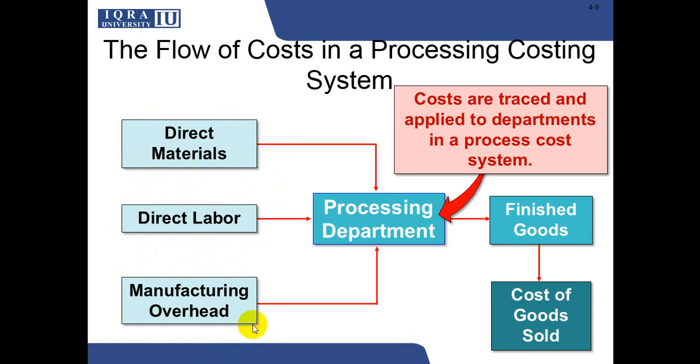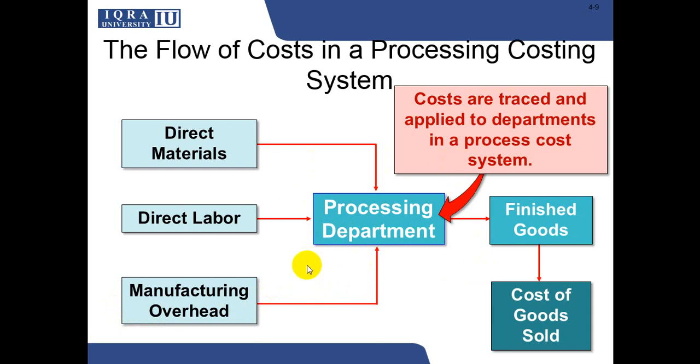Manufacturing overhead is all manufacturing overhead cost that is applied to production. Here we take the applied manufacturing overhead, not the actual. We have discussed applied and actual manufacturing overhead in detail in job order costing, right? So we have applied manufacturing overhead in the department.